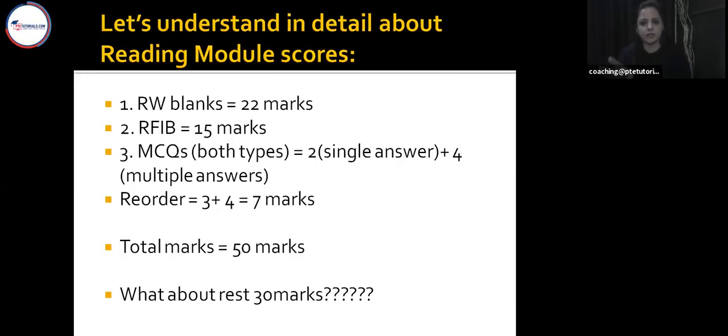In another reorder I got 4 pairs, then 4 marks. Total marks will be 7 marks. So if I calculate 22, 15 plus 6 plus 7, the score will be 50 marks. What about the rest of the 30 marks? And that's why in read aloud, I said I'll be getting 6 read alouds and 15 marks for each.